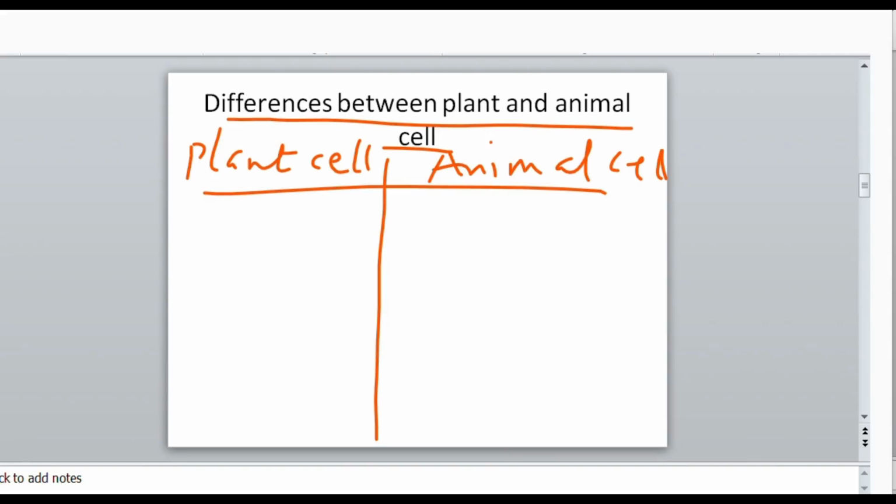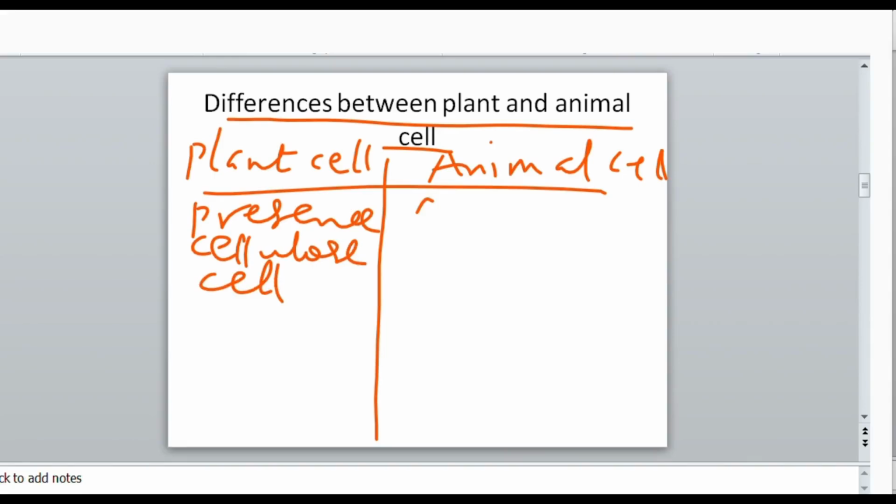Presence of cellulose cell wall here, then absence of cellulose cell wall here.